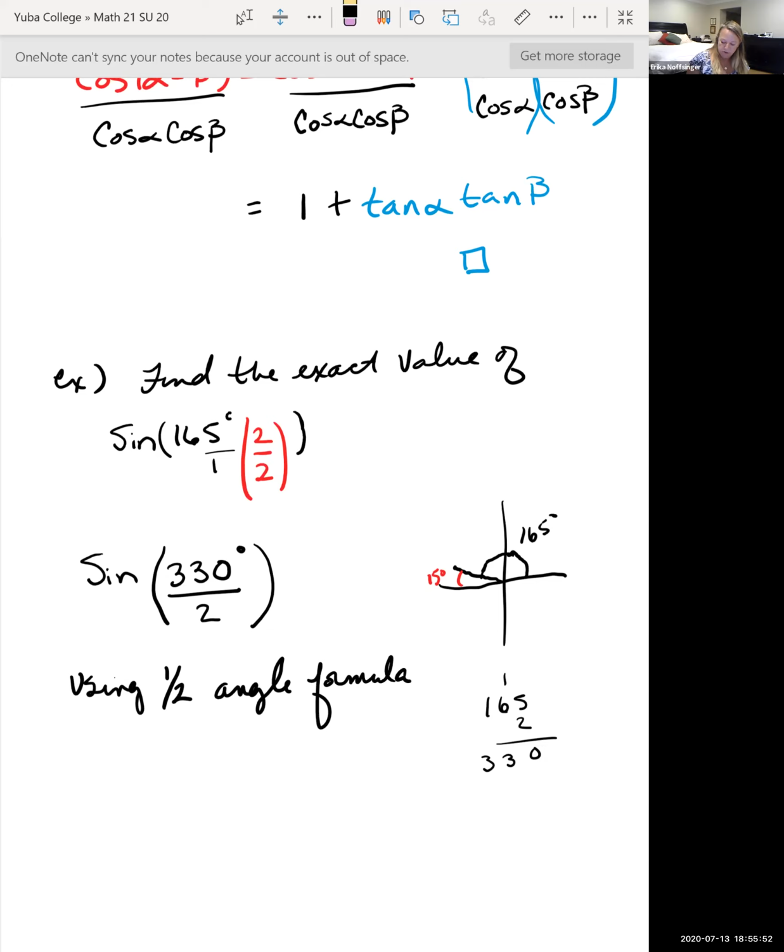This would equal plus or minus, and we'll determine in a minute if it's positive or negative, the square root of 1 minus cosine of the angle before you divided it by 2, so 330 degrees, all over 2.